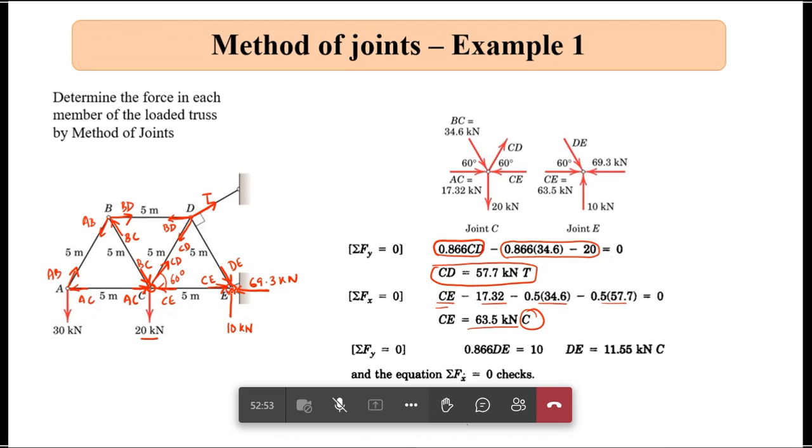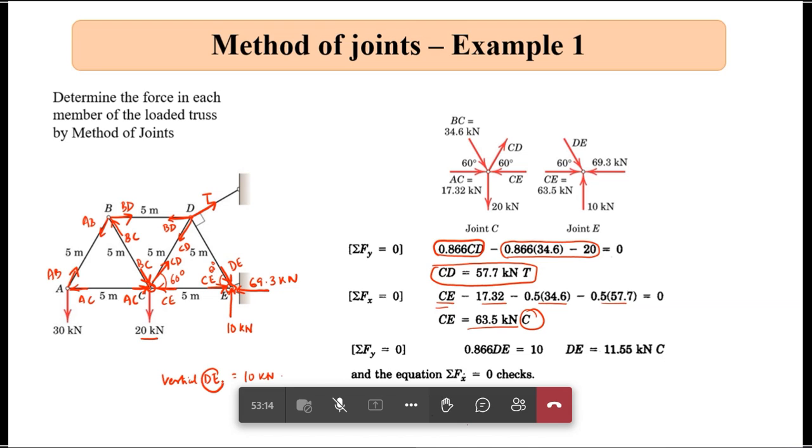At point E, this vertical reaction is known to me, this horizontal reaction is known to me. This angle is 60 degree, that is known to me. So vertical component of DE is equal to 10 kilonewton. Correct?